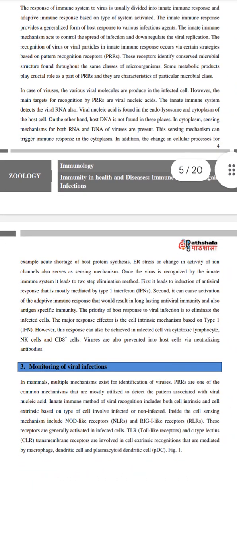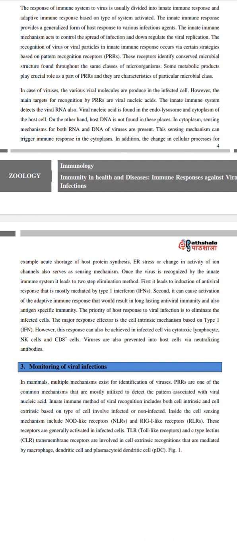Once the virus is recognized by the innate immune system, it leads to a two-step elimination method. First, it leads to induction of an antiviral response that is mostly mediated by type 1 interferon. Secondly, it can cause activation of the adaptive immune response that would result in long-lasting antiviral immunity and also antigen-specific immunity.